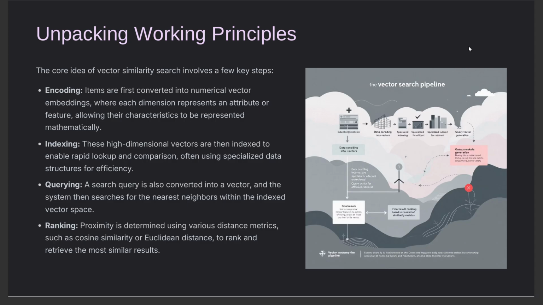Each dimension in the vector represents a specific feature or attribute of the data. For instance, in text, one dimension might represent tone, another meaning, and another context. Second, indexing. These vectors are then stored in an efficient index structure that allows quick lookup and comparison.